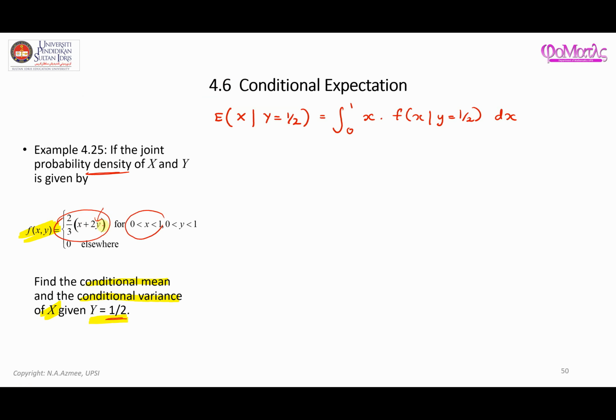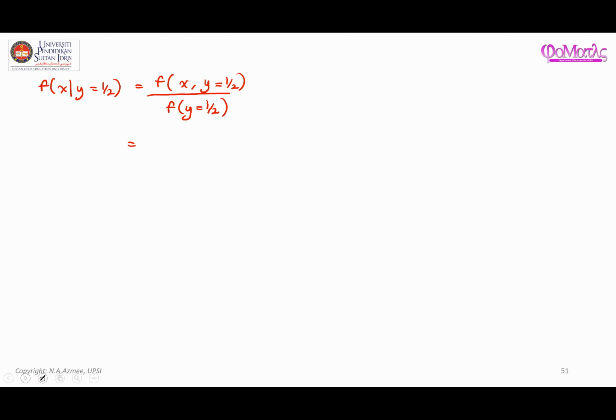If you replace y with 1 over 2, the result is going to be 2 over 3 x plus 1, over, okay, so this part is not settled yet. We need to find what it is.